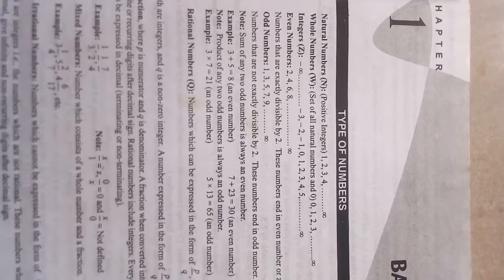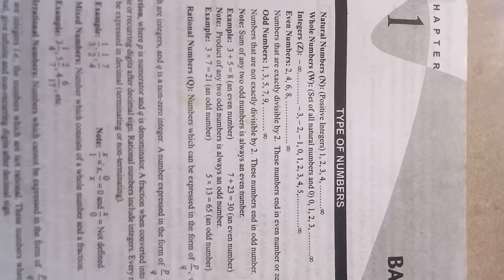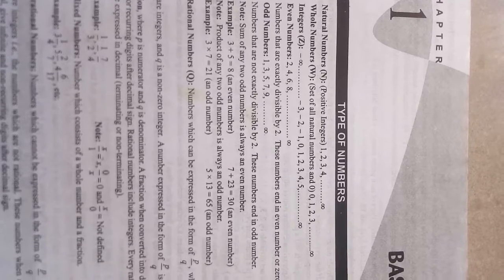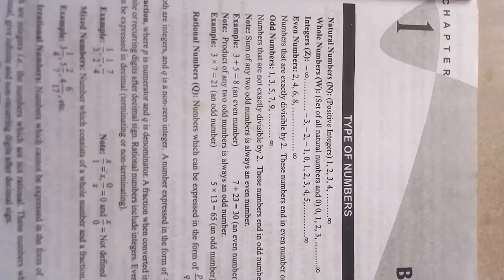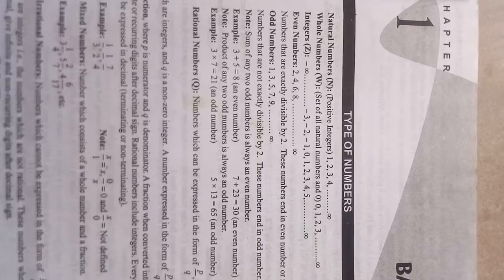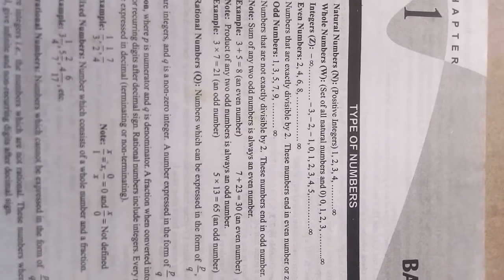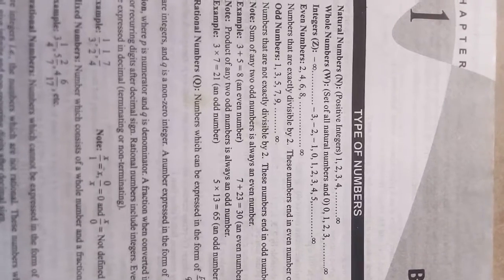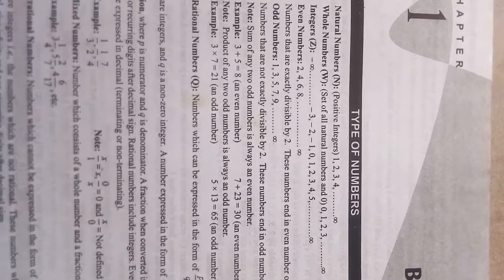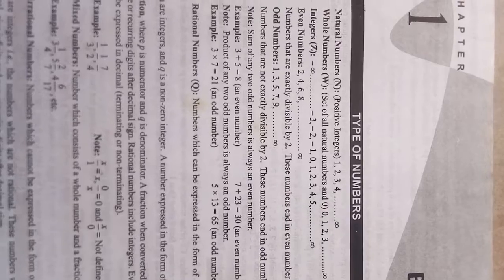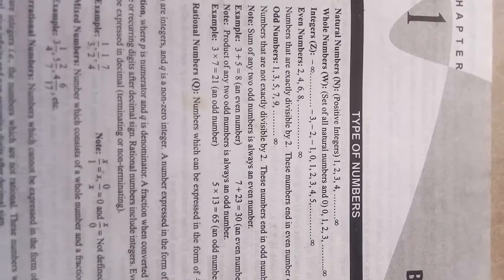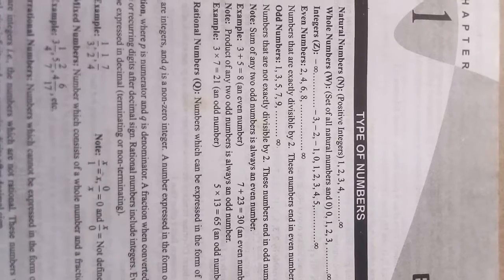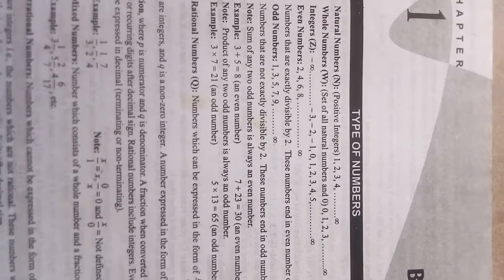Next, some of the most important properties related to even numbers and odd numbers. If we add any two even numbers, the sum is also an even number. Suppose I take 3 plus 5 is equal to 8. Here 3 is an odd number and 5 is an odd number, and the sum we get is an even number.